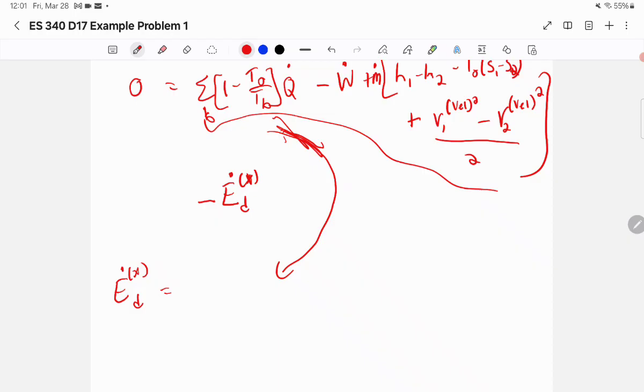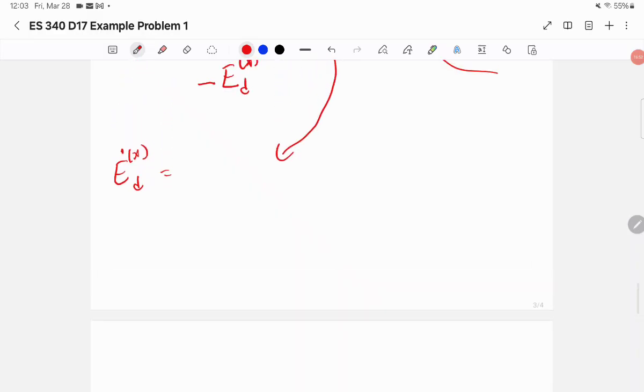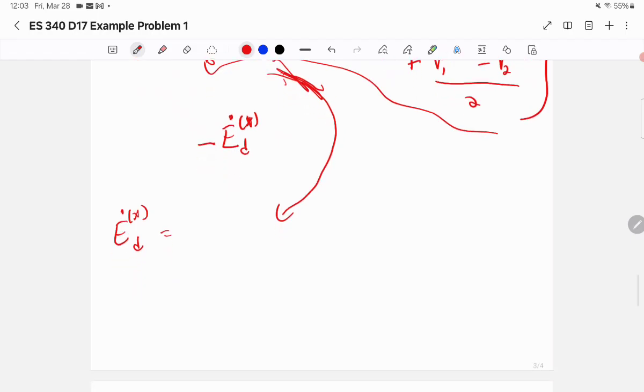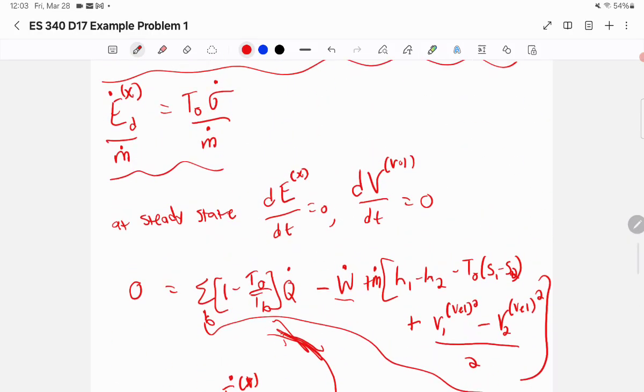To save myself some writing, we can now simplify this equation because we know what W dot is. Let's divide through by M dot. So Ex_D dot divided by M dot is equal to, and let's figure out what the sum is.